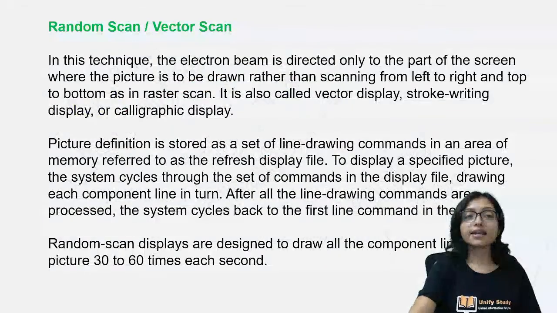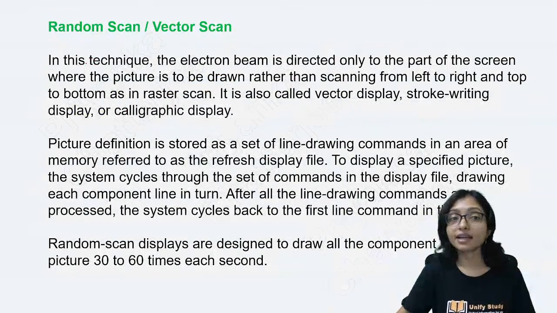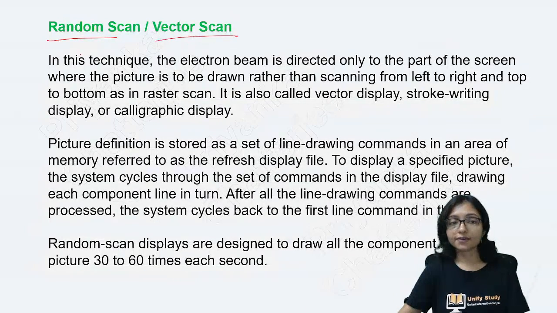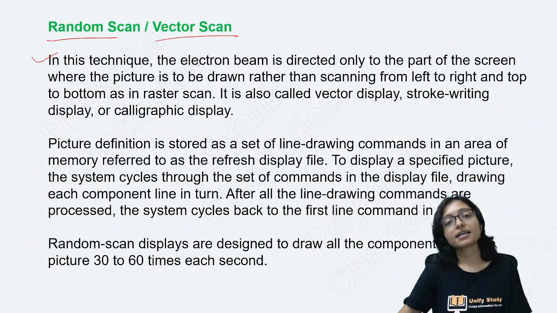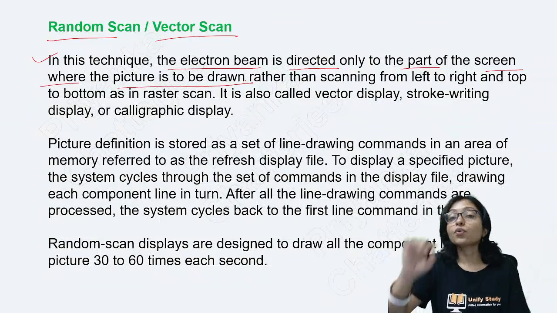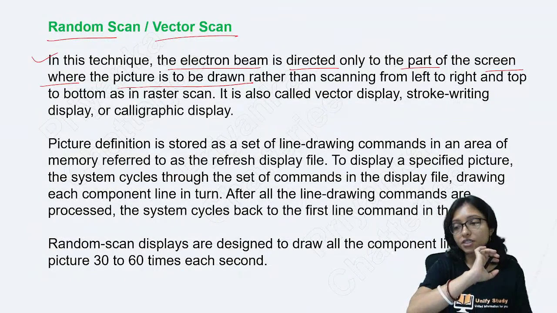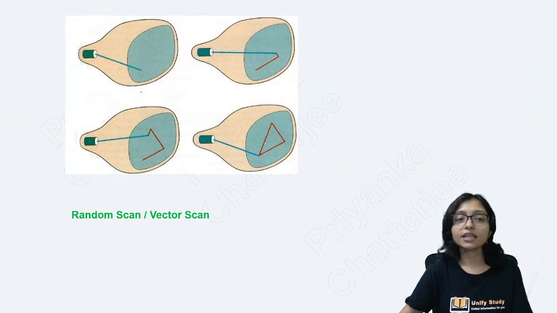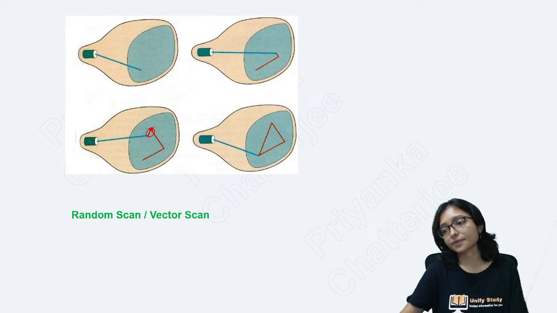But the random scan is plotting randomly. The random scan or the vector scan. In this technique, the electron beam is directed only to the part of the screen where the picture is to be drawn, with the value of the coordinate. Here you can see I need to draw this one, so directly the beam will come here.